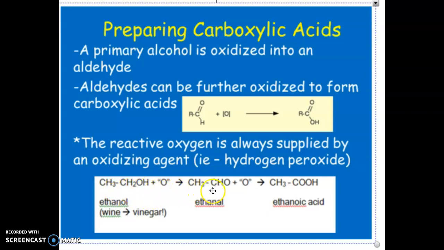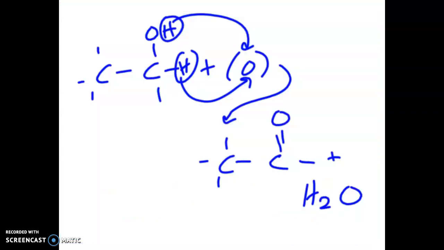Over time, it oxidizes into ethanal, which is our aldehyde. If we continue oxidizing it, we then have our carboxylic acid, which is our component in vinegar. So to prepare a carboxylic acid, we take an aldehyde and we oxidize it.